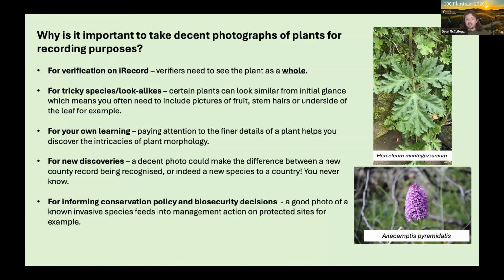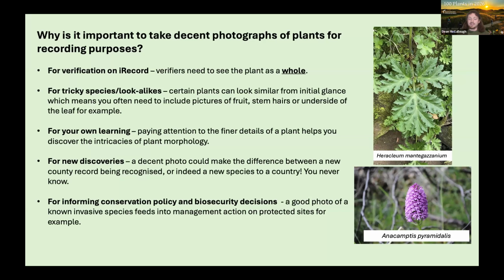So don't think that it's beyond you, and ultimately it does help with your skills. For your own learning, it makes you pay attention to the finer details of a plant, and helps you discover the intricacies of plant morphology, the nomenclature and the jargon that you hear botanists throwing around, which can seem a bit scary at the start. For the most part, it is logical once you get your head around it.